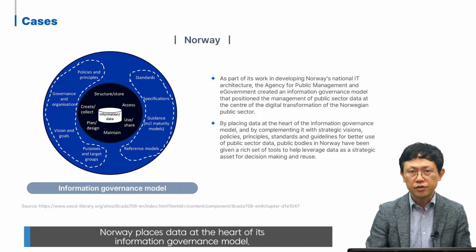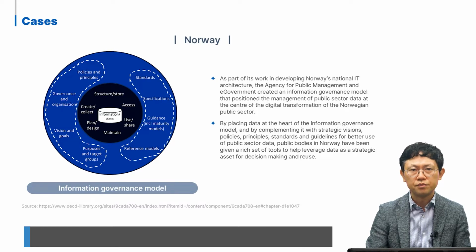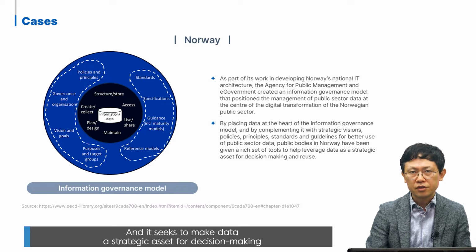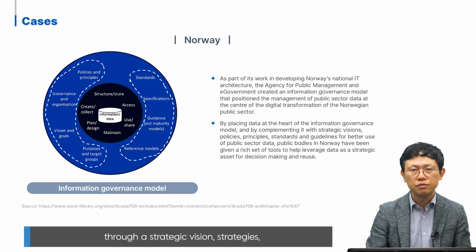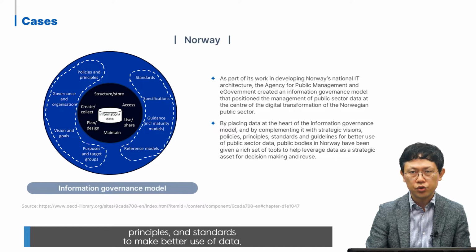Norway places data at the heart of its information governance model and seeks to make data a strategic asset for decision-making through a strategic vision, strategies, principles, and standards to make better use of data.